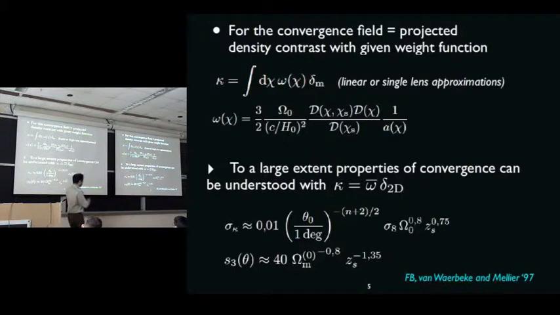This is because kappa is not delta 2D, because it's not normalized. You do not divide by the average of this weight function. It's an unnormalized density contrast, and because of that, it's still sensitive to the cosmological parameters. So this is one big motivation for going after the three-point function or bispectra, because it's sensitive to other things than just sigma 8.